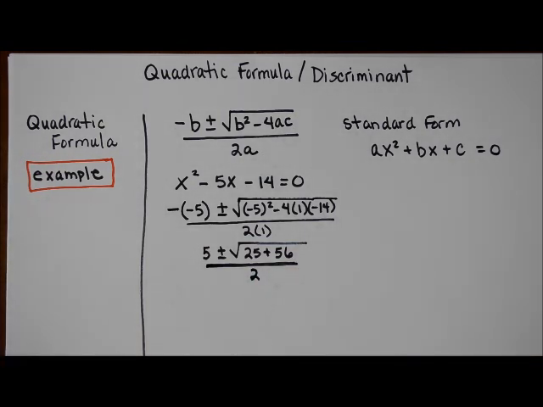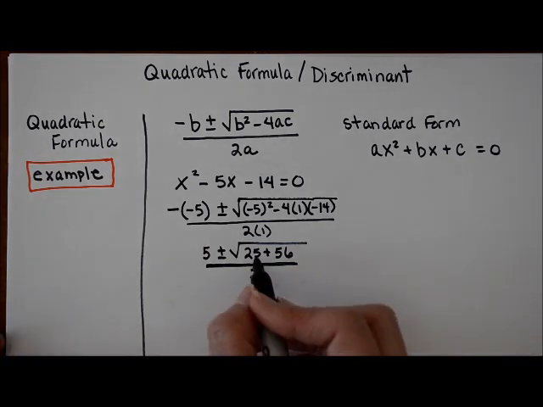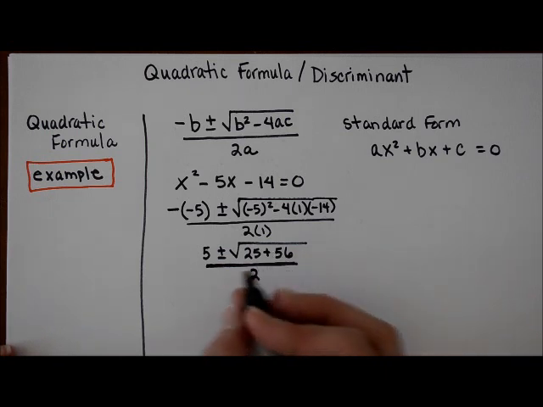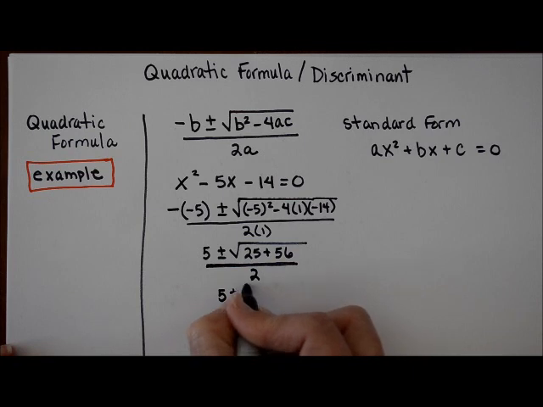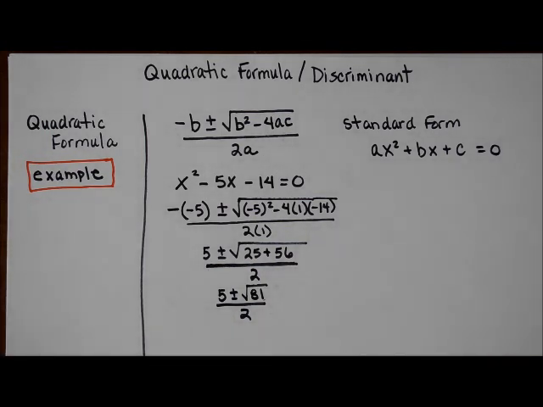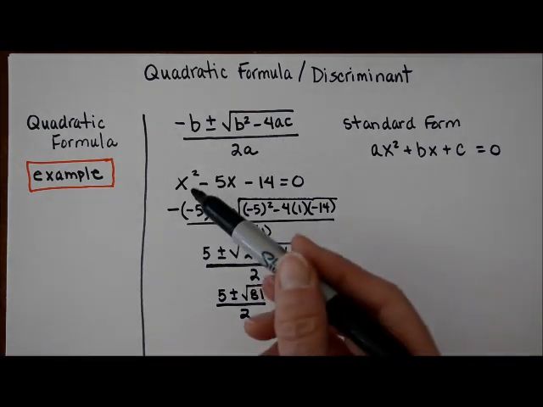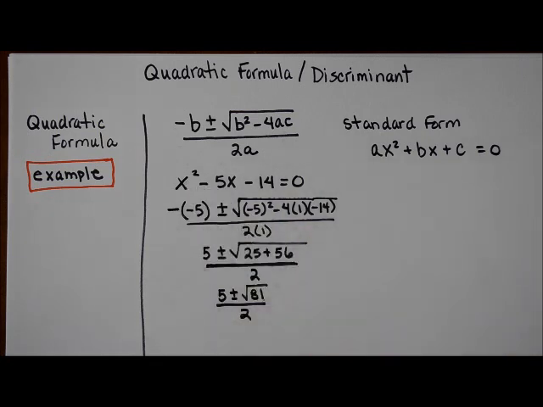Okay, and then I am going to simplify this, and when I add those together, I believe I get 81. 81 all over 2. Well, what happens here is I have 2 roots, and I know I'm going to have 2 roots because I have a squared term. So I'm either going to have the same double root or I'm going to have 2 roots.